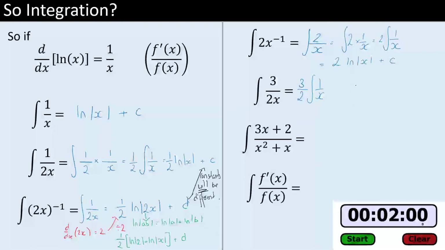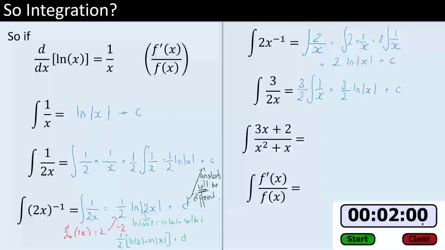We're going to have 3 over 2 lots of 1 over x. So when I integrate this, I'm going to have 3 over 2 lots of ln mod x plus our constant of integration.